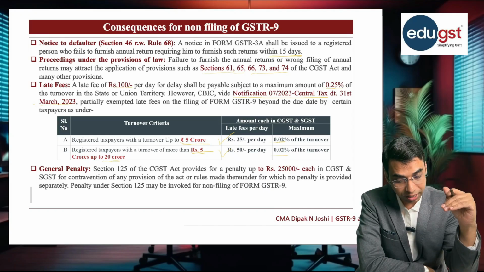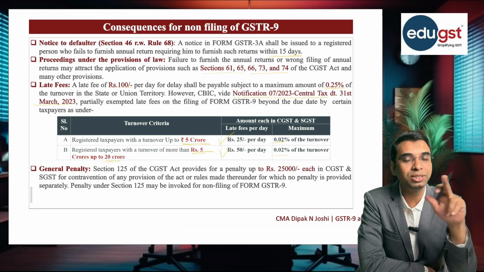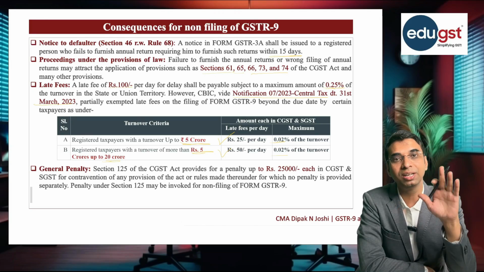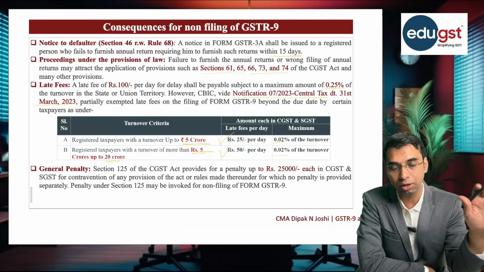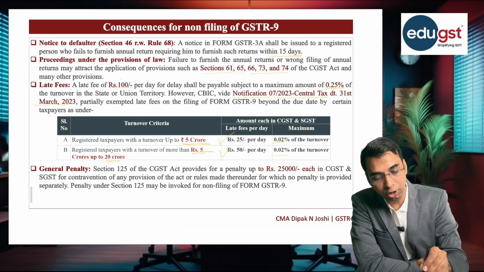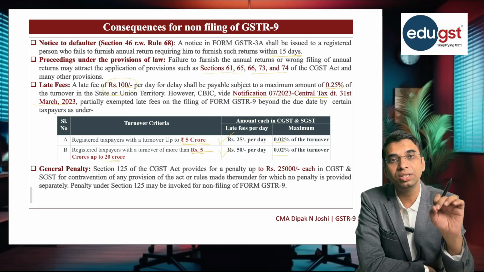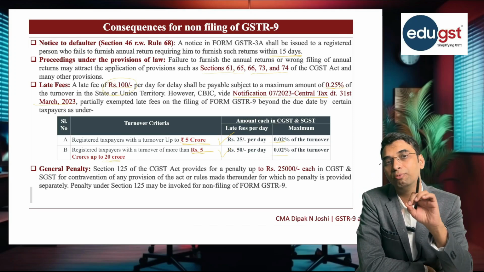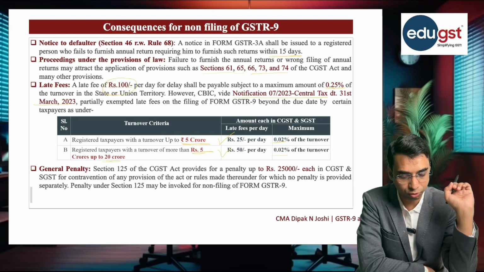Now, if your turnover is more than 20 crores, in that case, this concessional late fee structure is not applicable. Regular late fee of rupees 100 per day in CGST and SGST each will be applicable, subject to again maximum of 0.25% of your turnover.